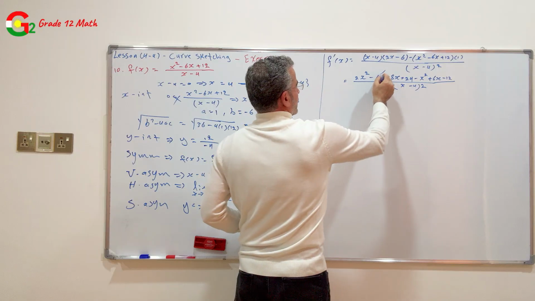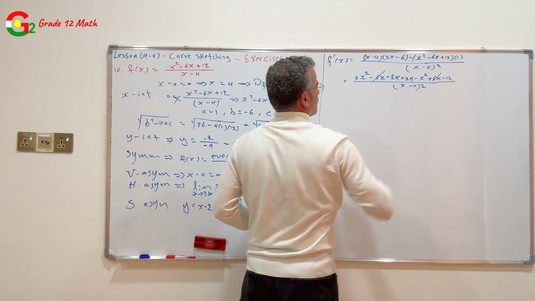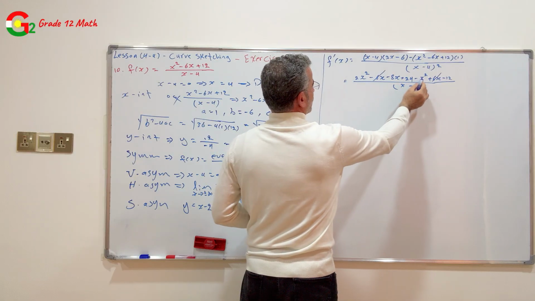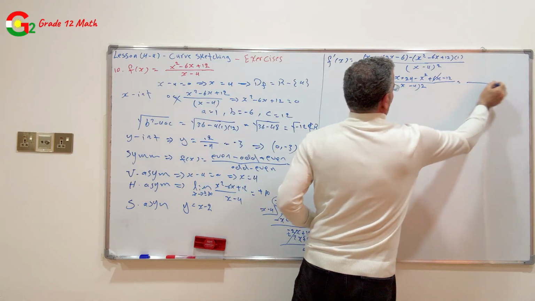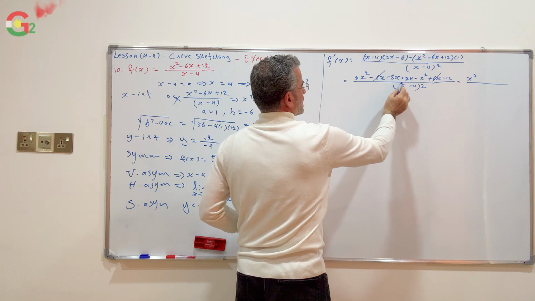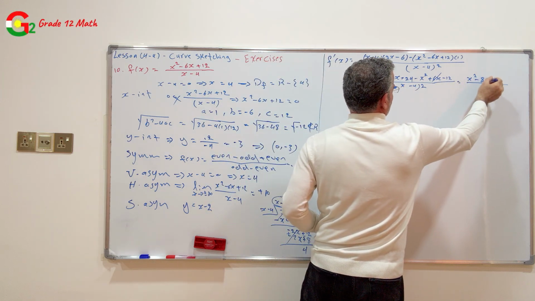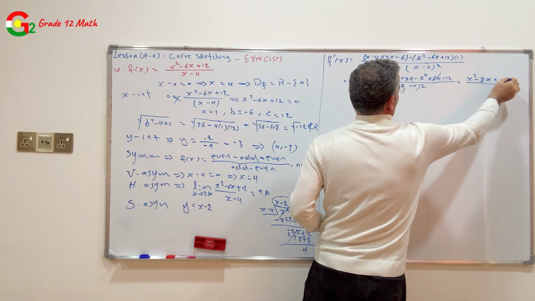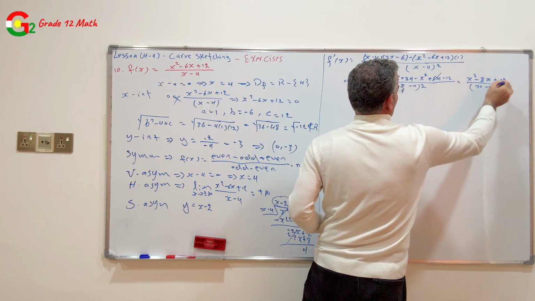This equals negative 6x plus 6x, 0; 2x power 2 minus x power 2, x power 2; minus 6x minus 8x, negative 14x plus 6x; 24 minus 12, 12, over x minus 4 power 2.